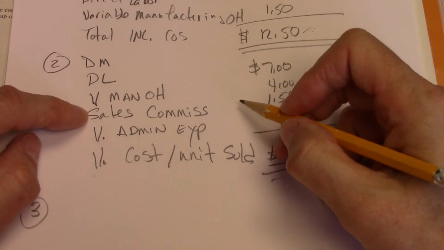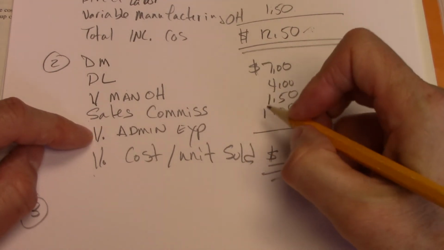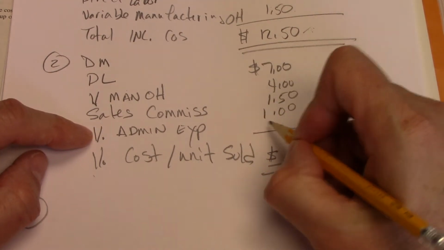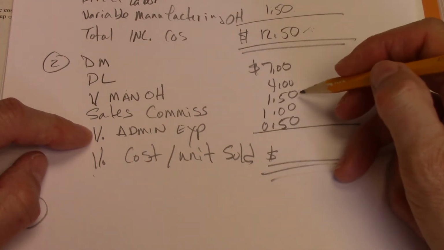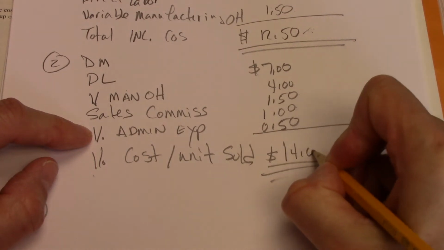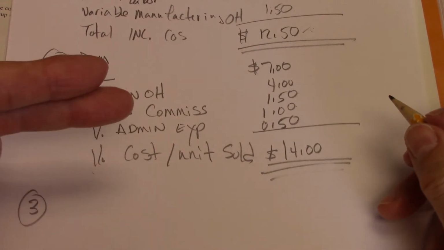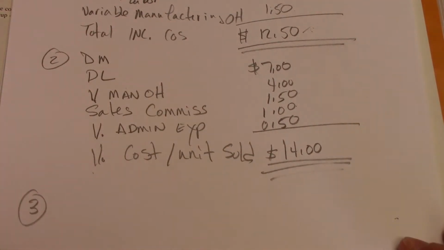Now I add my sales commission, which we said was $1 per unit, and I add my variable administrative expenses, which is 50 cents. So we add all those up, so it's still $12.50, $13.50, $14. So to make and sell an additional unit costs me $14 every time I do it.